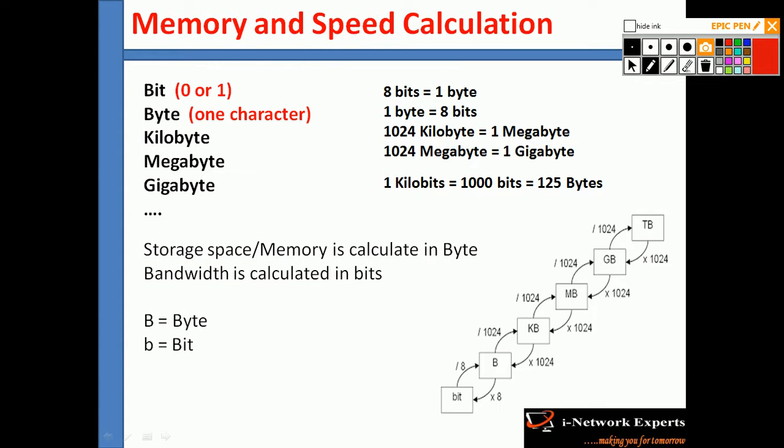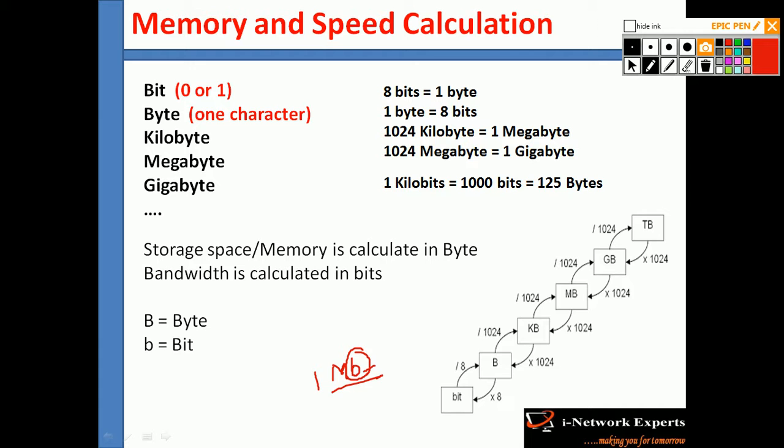Now let me calculate the speed. At home you got a 1 MB internet connection. What does this 1 MB mean? 1 MB means 1 megabit. This b is written in small letter, b for bit.